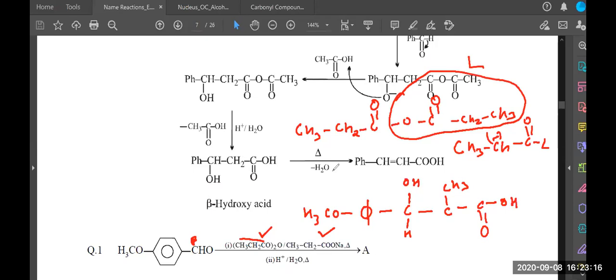Now, after dehydration, we have this H here. This OH and this H will be removed. We'll have this double bond here. So this will be your final product. Yes or no? Everyone, please check your product.